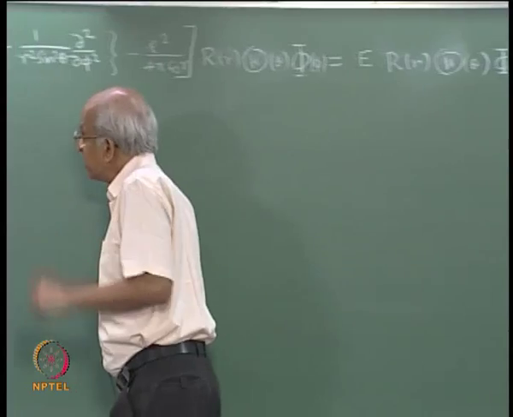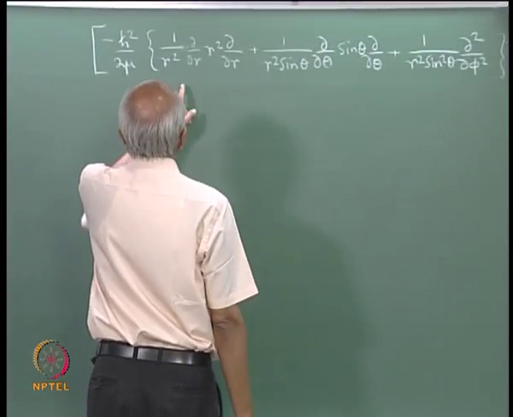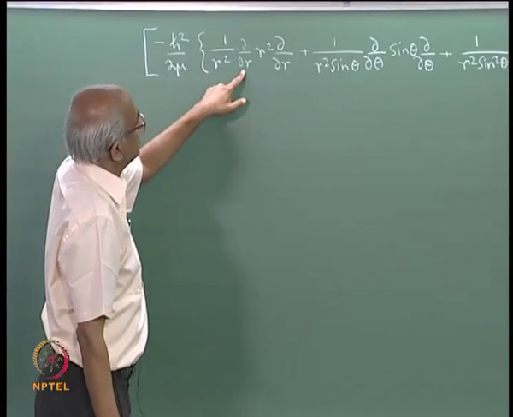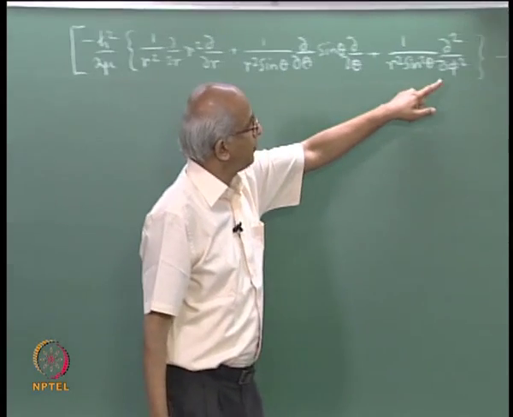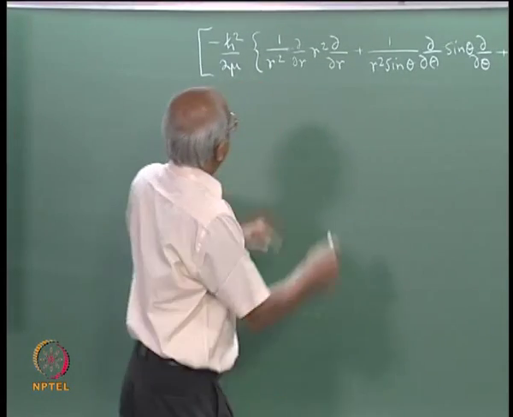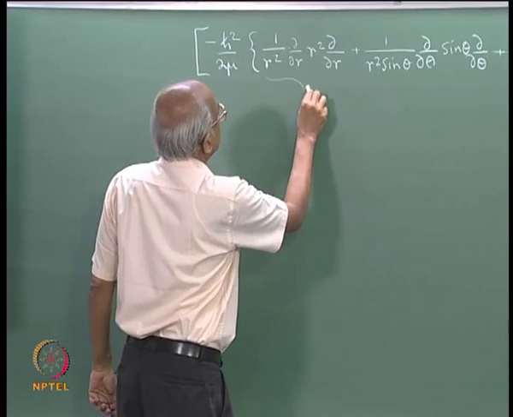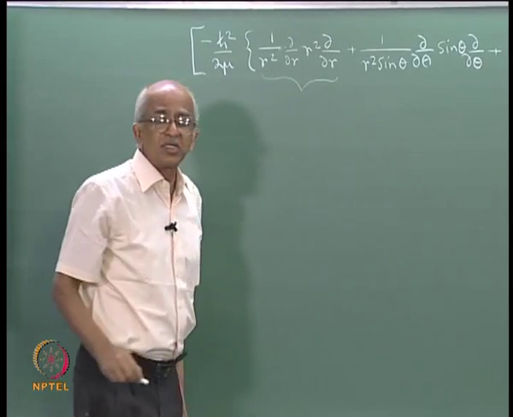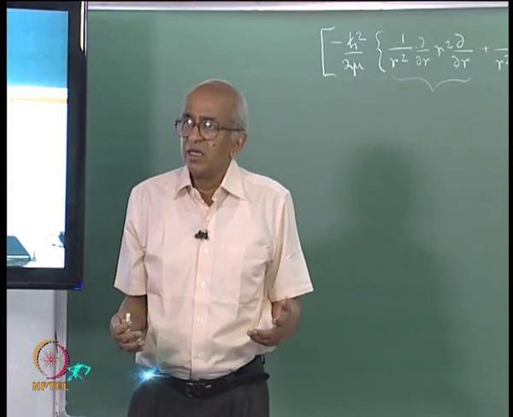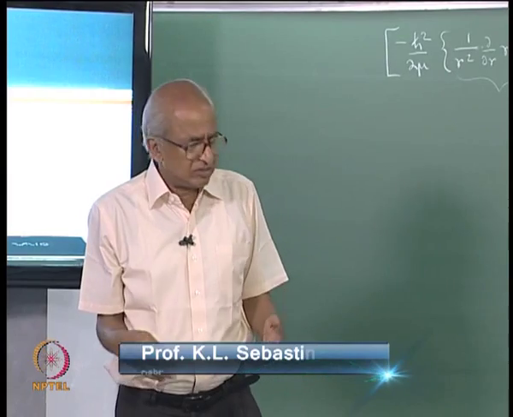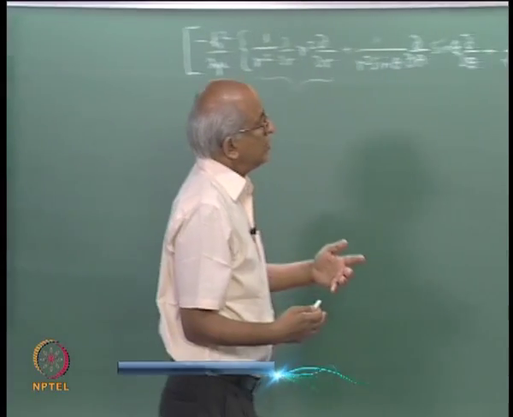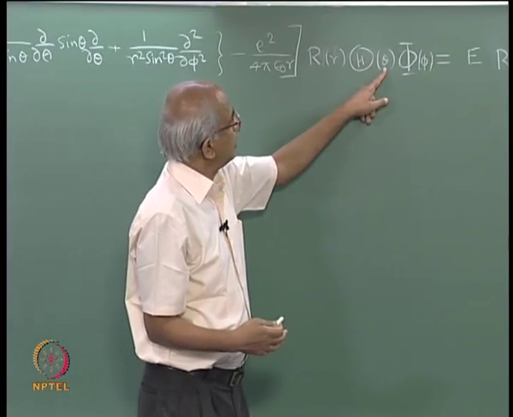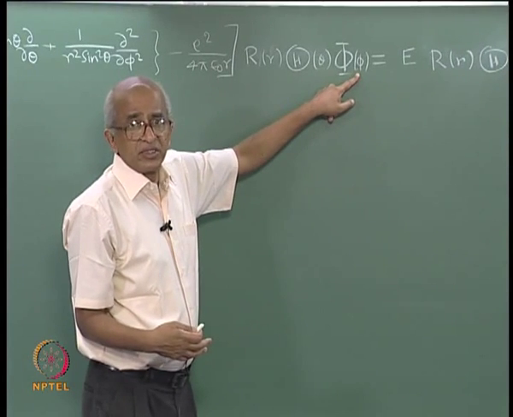And now, if we look at this operator, the operator involves partial differentiation with respect to r, theta and phi. But in here, this operator contains only partial differentiation with respect to r, and in that partial differentiation, variables theta and phi are kept constant.